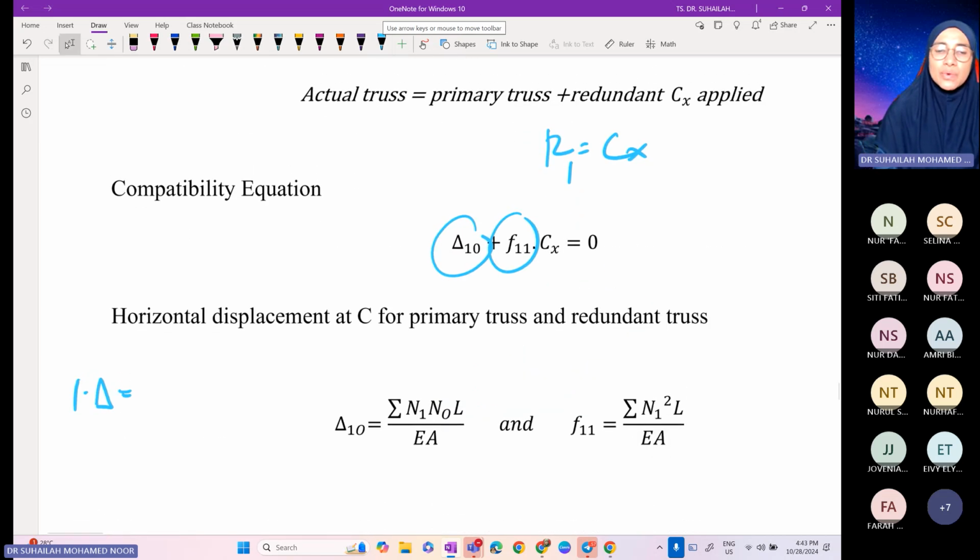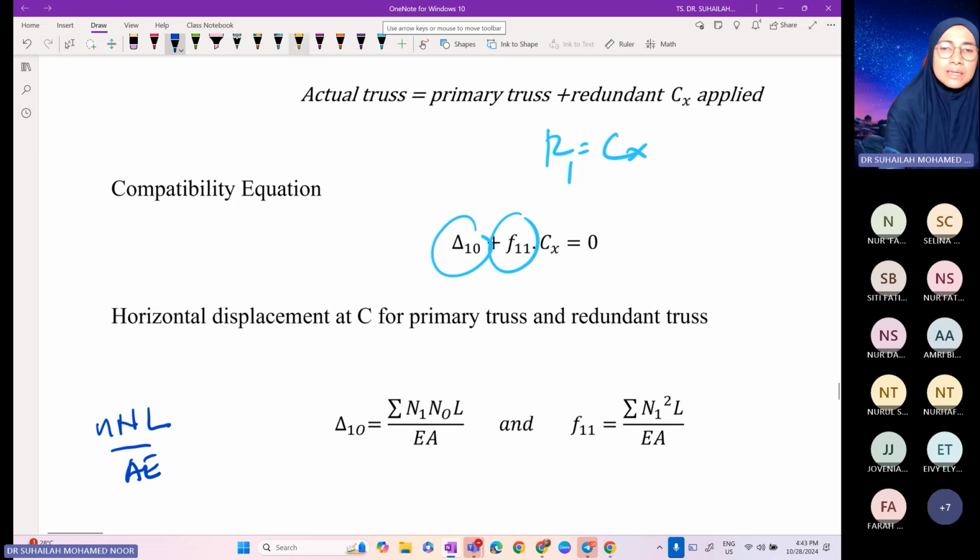In this compatibility equation, there are 2 displacements, delta 1 node and F11. Delta 1 node is the displacement in primary thrust, and F11 is the displacement in redundant thrust. The formula is the same as the unit load method. The unit load method formula is small n, capital N, L over AE. Small n is what? The virtual system. Capital N is the real system.